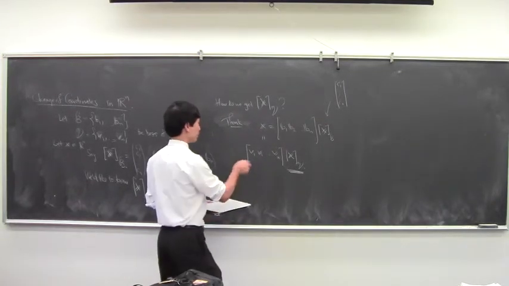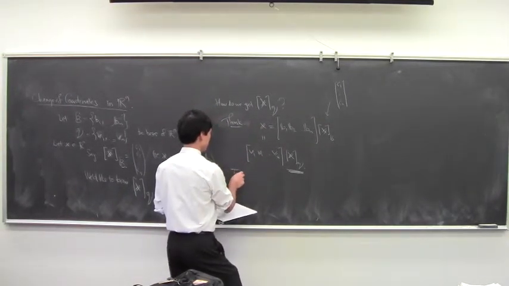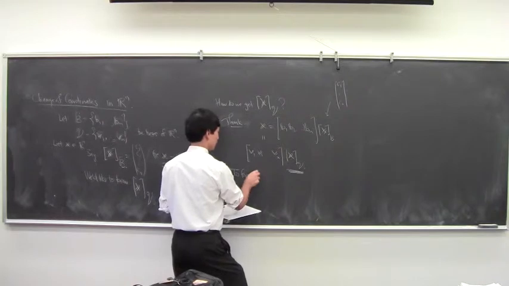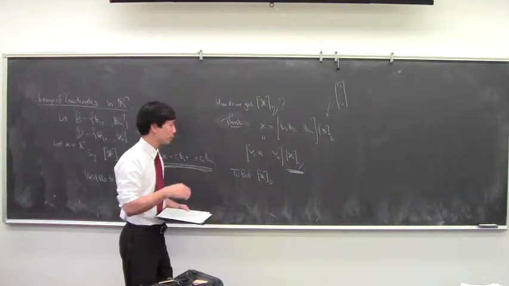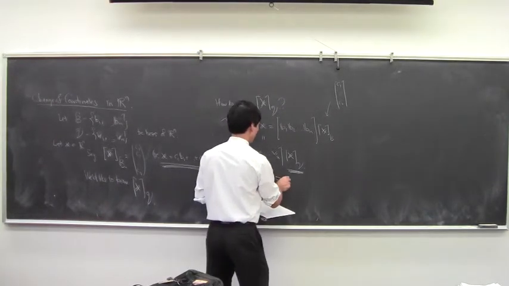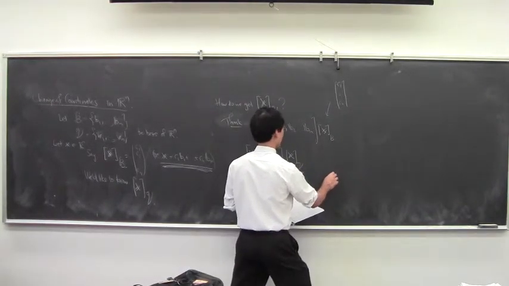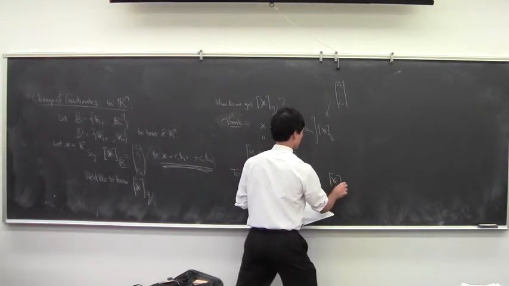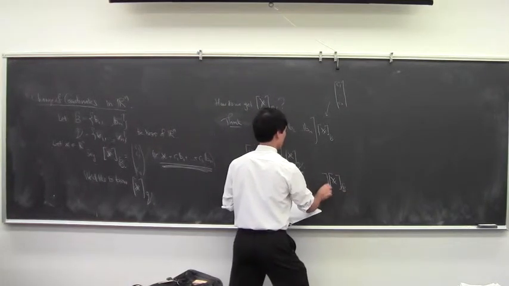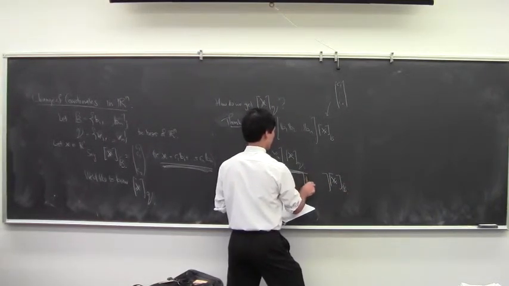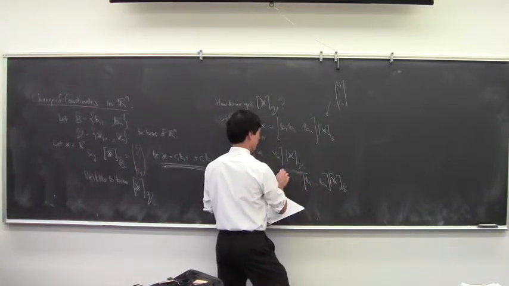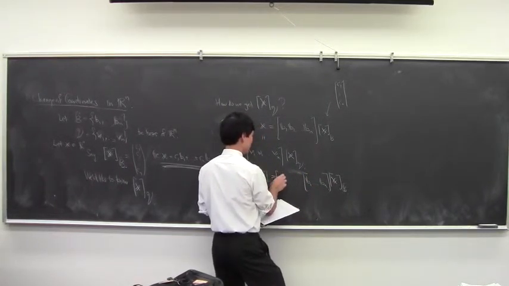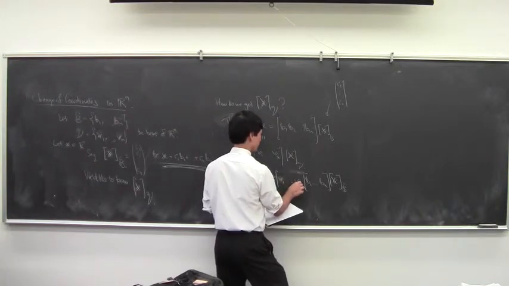So to find the coordinate vector with respect to v, you take your coordinate vector with respect to b, multiply it on the left by the basis matrix for b, and then multiply by the inverse of the basis matrix for the v's.